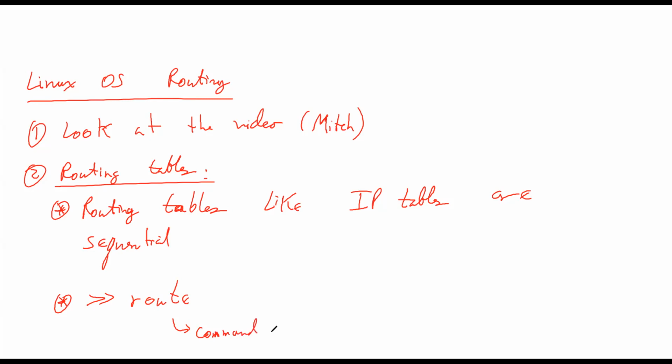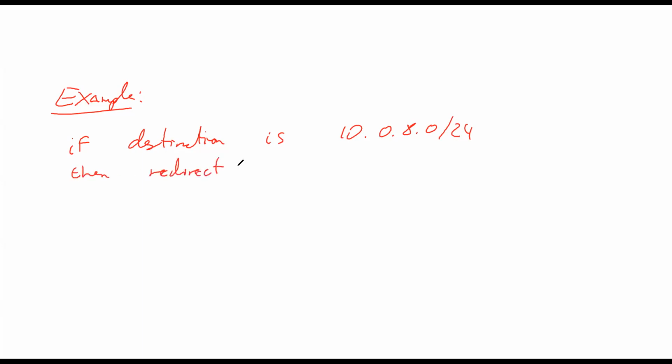The last thing is, let's say you have a rule. Let's take an example, and we'll conclude with this. The goal is: if the destination is 10.0.80.24, then redirect to the tun0 network.